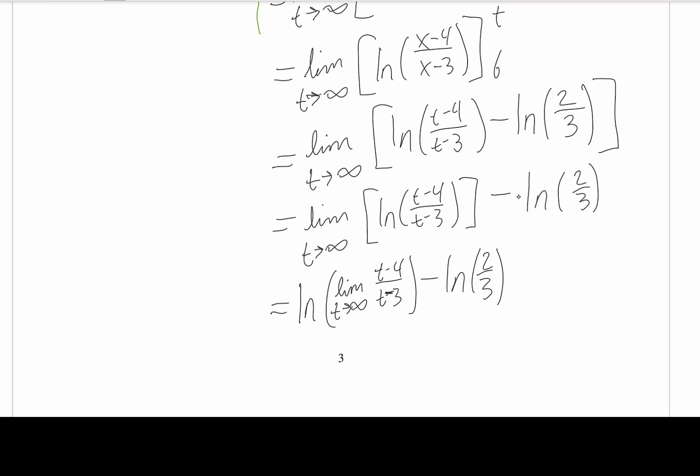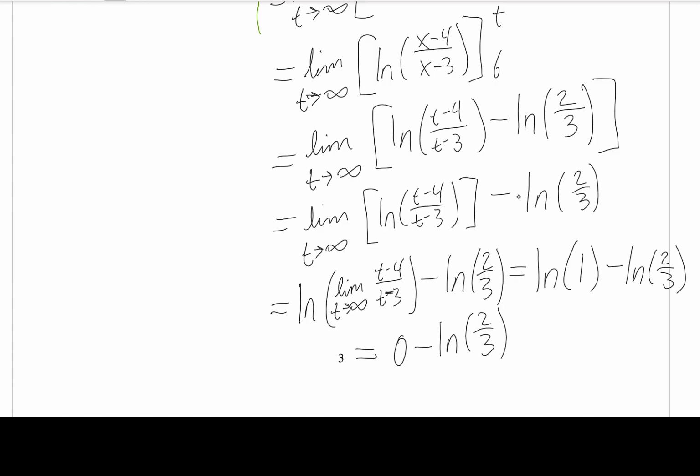This will just give us ln of 1, because we'll get 1 over 1 after taking our derivative, minus ln 2/3. And this is a good time to remember that the natural log of 1 is equal to 0. So this is 0 minus ln 2/3.